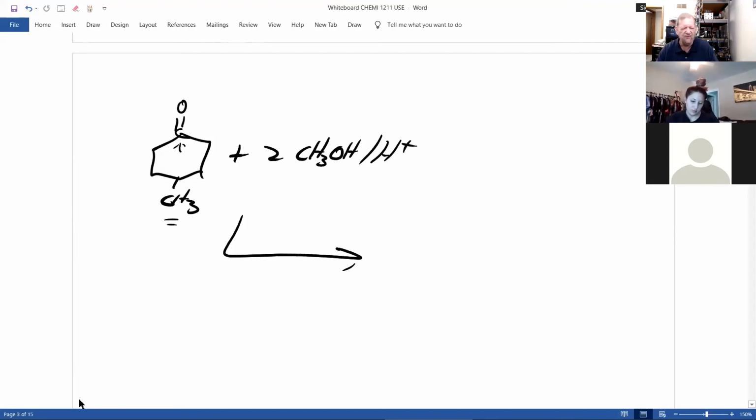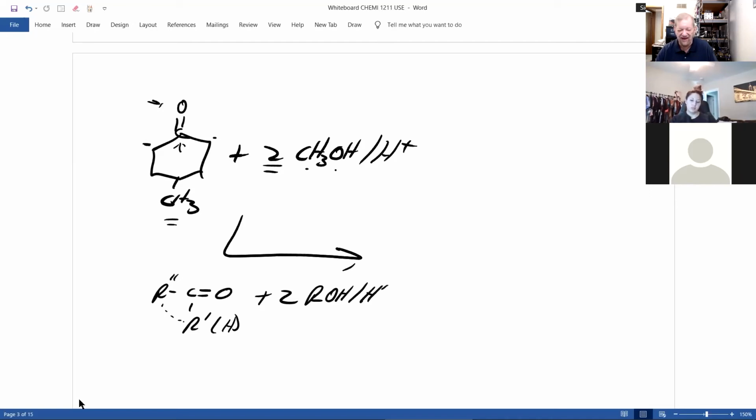What's not carbon or hydrogen? Oxygen, double bond to carbon. Notice I have carbons here and here. They just happen to be connected. This is a ketone, cyclic, where our R prime and our R double prime are connected together in a ring. Could have been an aldehyde, it's not. And two, that's unusual. And I have carbon on a hydroxyl group, alcohol, and acid catalyst.